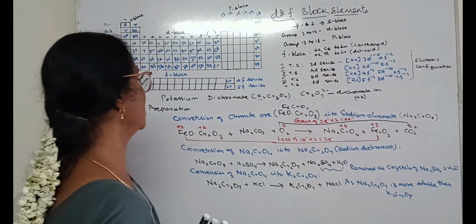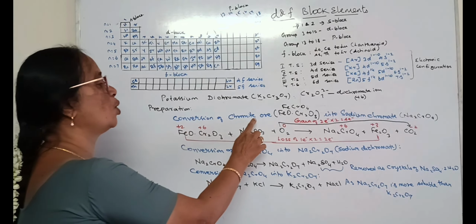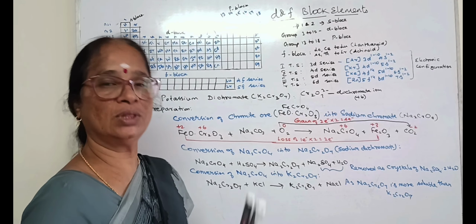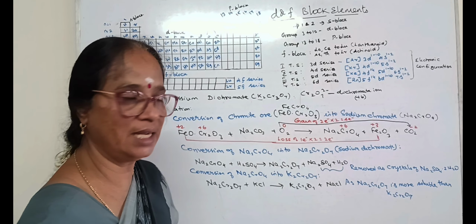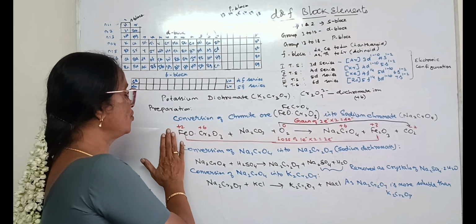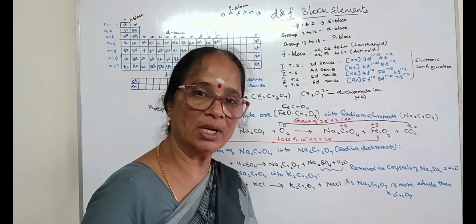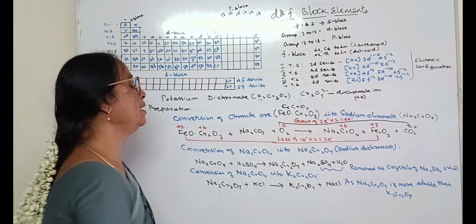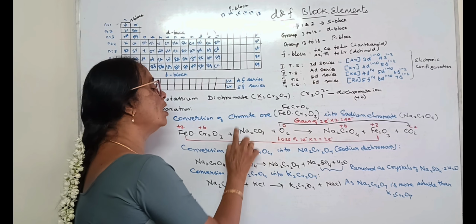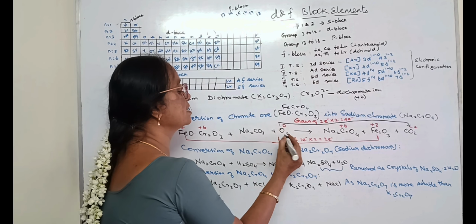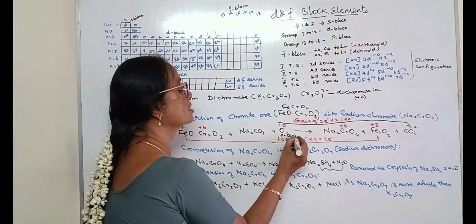The first step is conversion of chromite ore into sodium chromate. So that can be formed by treating chromite ore. First of all, the chromite ore is finely divided into the powdered state, followed by treating with a mild alkaline solution of sodium carbonate in presence of excess of oxygen.